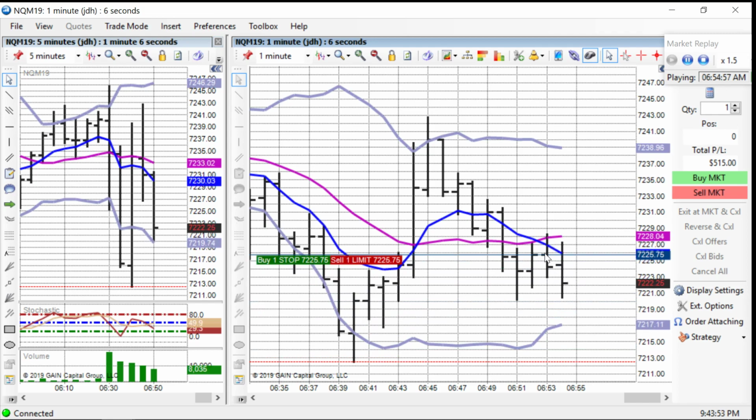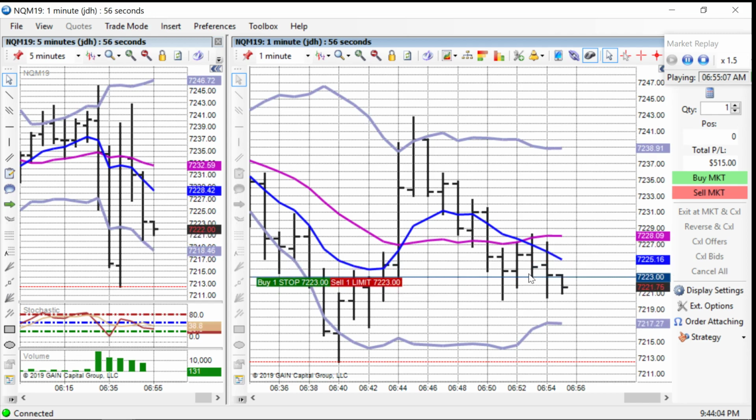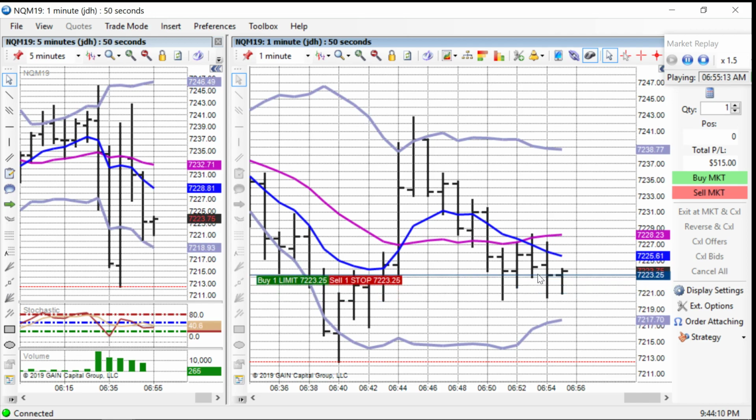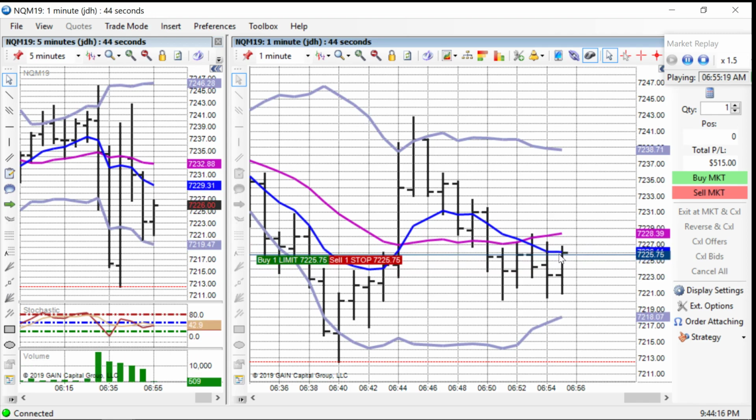See, that would have worked out, that trade right here. If I traded at 753, well, that's a 4-point target. 1, 2, 3, 4. Actually, that would hit a 5-point target there. But you know, better to err on the side of caution.